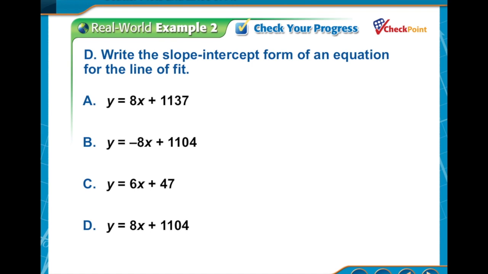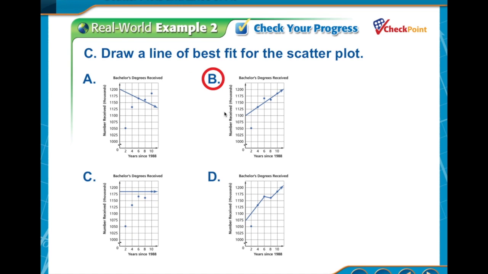Now the last step would be to find out what is the equation of that line that we just drew. So what do we know about this line? Well, it looks like it's intersecting the y-axis at or very near 1100. It might be slightly above 1100, but we know it's very close to that.